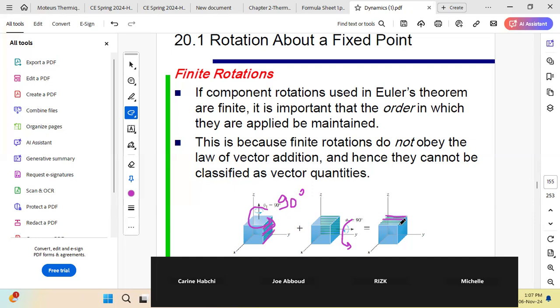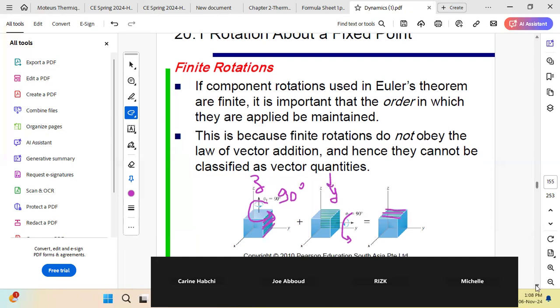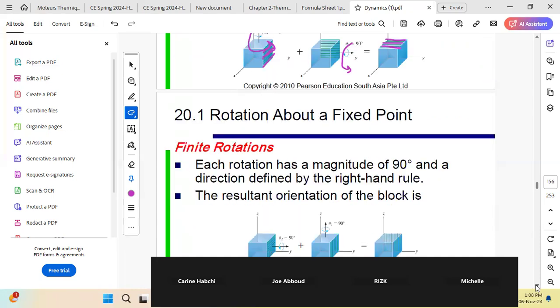Why am I doing this? Because I want you to see that in finite rotations, the order is very important. If I rotate first about Z 90 degrees, then about Y 90 degrees, it's not equivalent to rotating first about Y then about Z. You can see this in the next slide.